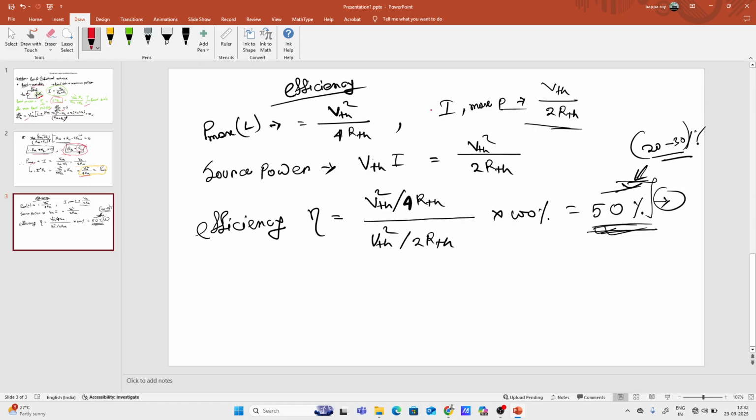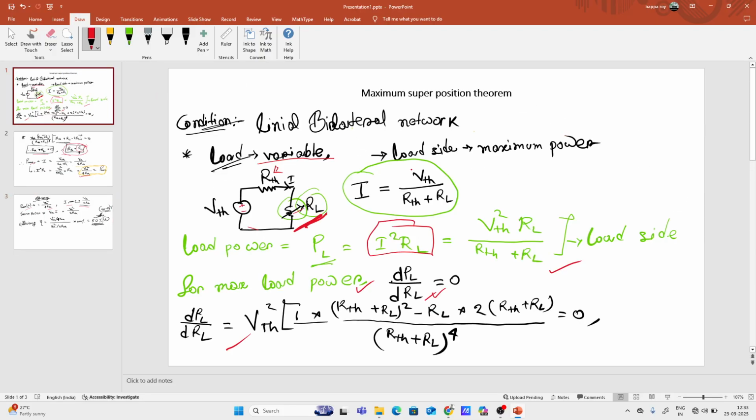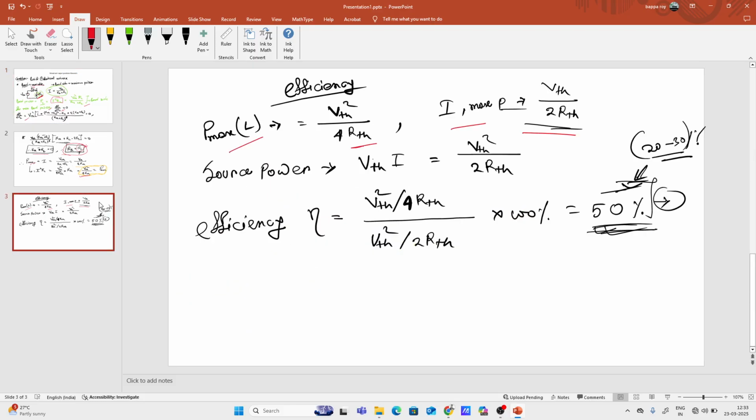We know Pmax at load side is VTH square by 4 RTH, and I is VTH by 2 RTH. From the first formula, VTH by RTH plus RL, we are just replacing RL with RTH. So VTH by 2 RTH comes.